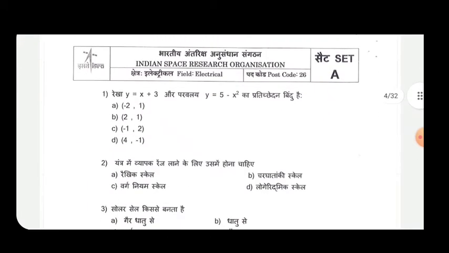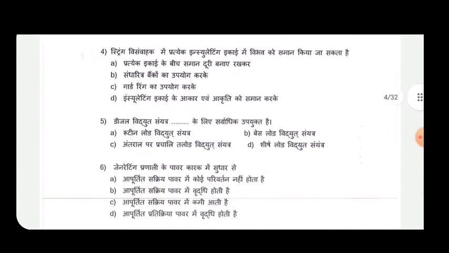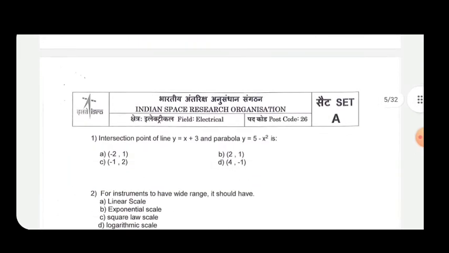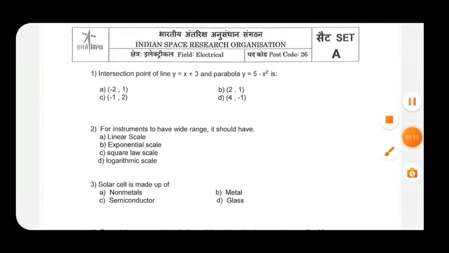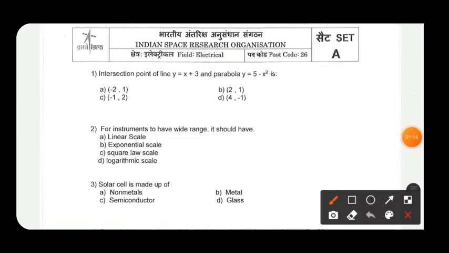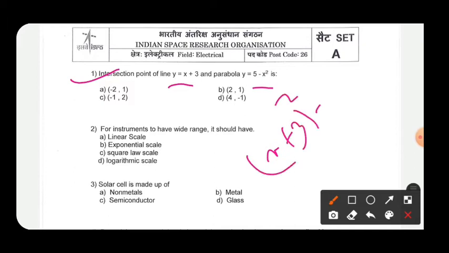The question paper is in both Hindi and English, so we will go through the English paper because it will be easy for us. The first question is the intersection point of the lines y equals x plus 3 and y equals 5 minus x square. The condition will be true when x plus 3 equals 5 minus x square, so the lines will intersect each other.